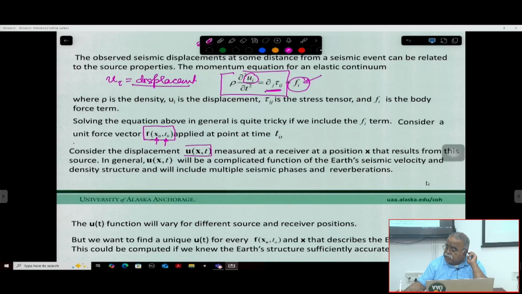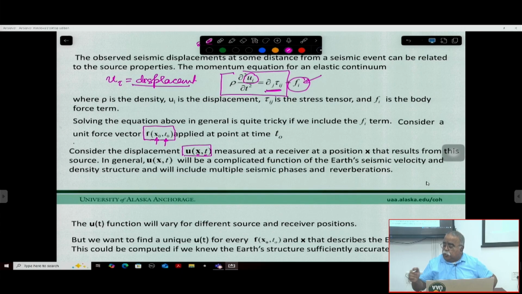So uxt is the displacement produced at a distance of x and at a time of t. After some time t and some distance x, there is a displacement produced. Let us assume that is uxt. That uxt we have to calculate, so we need to know those values, right?